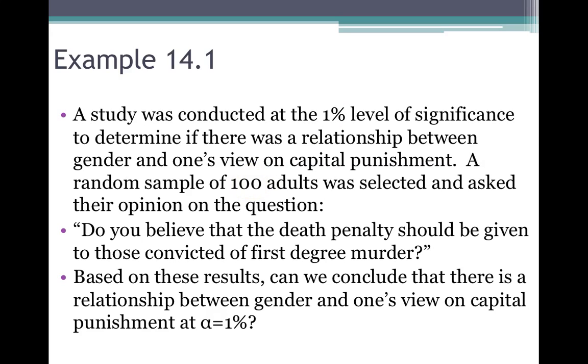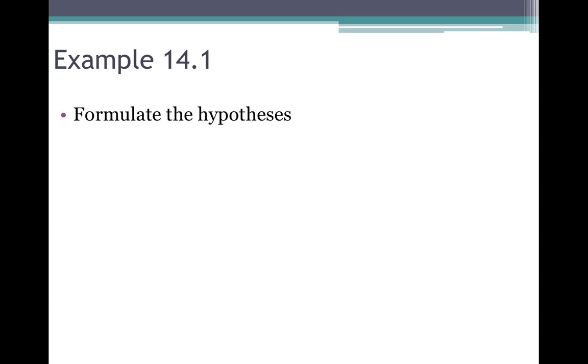So you'll know that you're using the chi-square test because the problem will also provide you with a table. When you see that table of data values, you're going to know that you should be using the chi-square test. You've got a row classification and a column classification, and you should be conducting a test based on the dependence of the two. So we start with a formulation of the hypotheses.